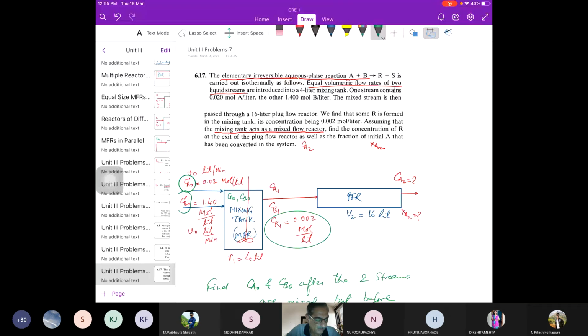So if I know that 0.002 moles per liter of R are formed, how many moles of A have reacted? ये कितना रिएक्ट करेगा? सर उतना ही 0.00. नहीं, exactly. I write equivalent statement.